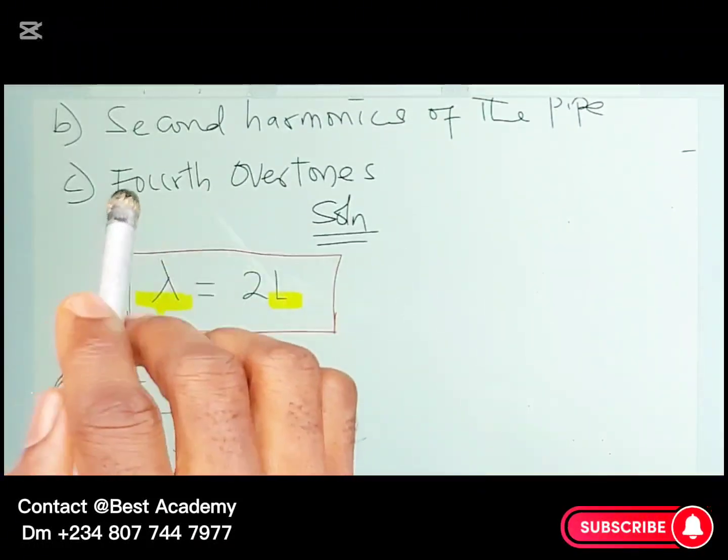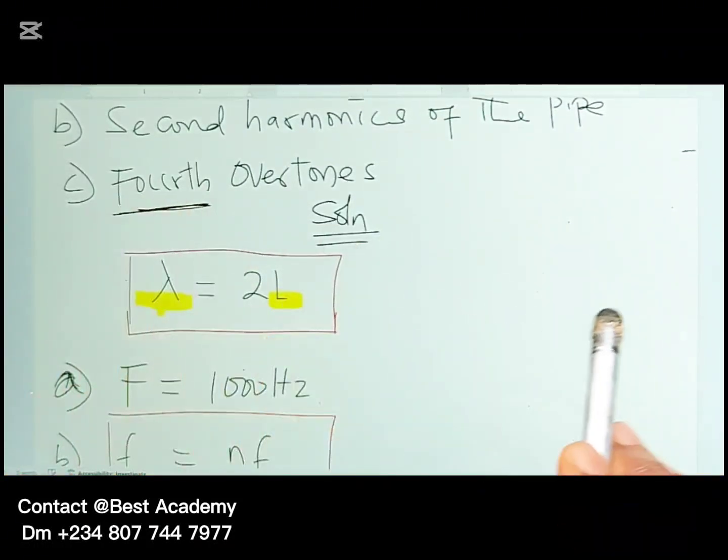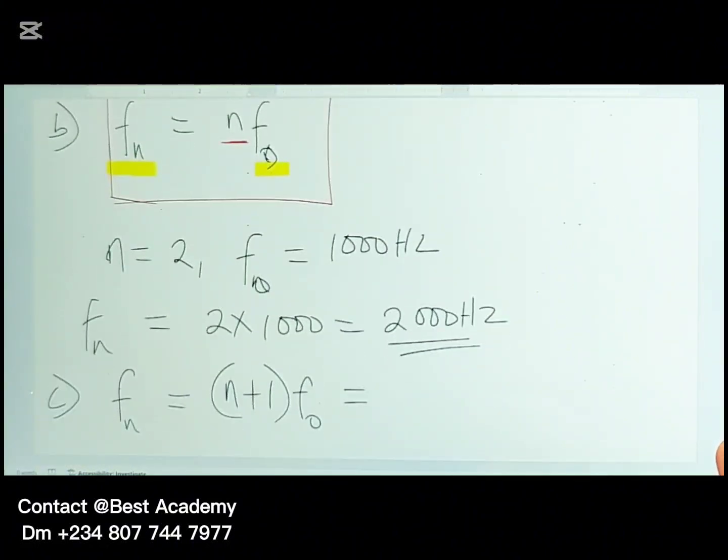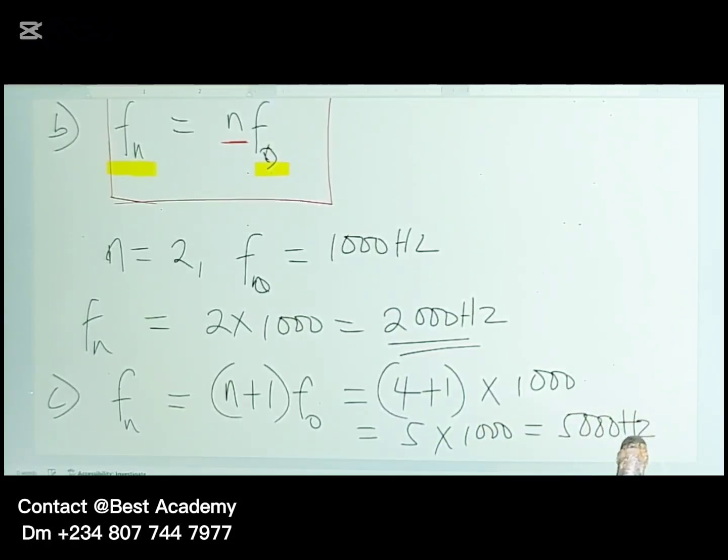So the overtone means that the value of n is equal to the overtone number. If the value of n is equal to 4, I'm going to have 4 plus 1 times the fundamental frequency, which is 1000. So I will have 5 times 1000. My answer will be 5000 Hz. So this is my answer here.